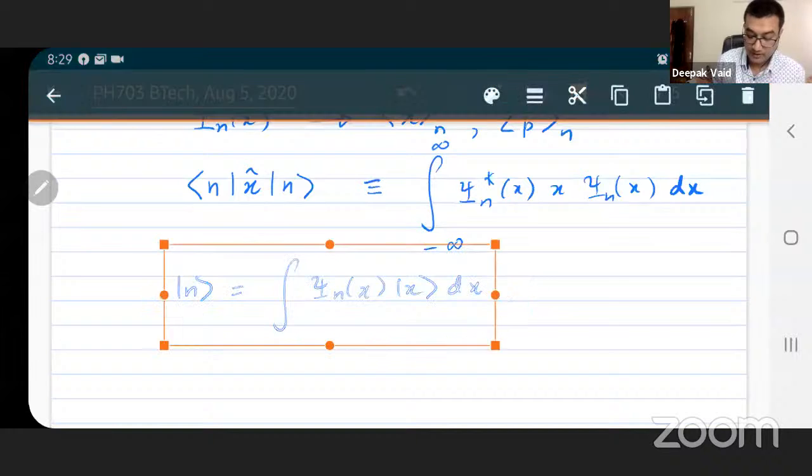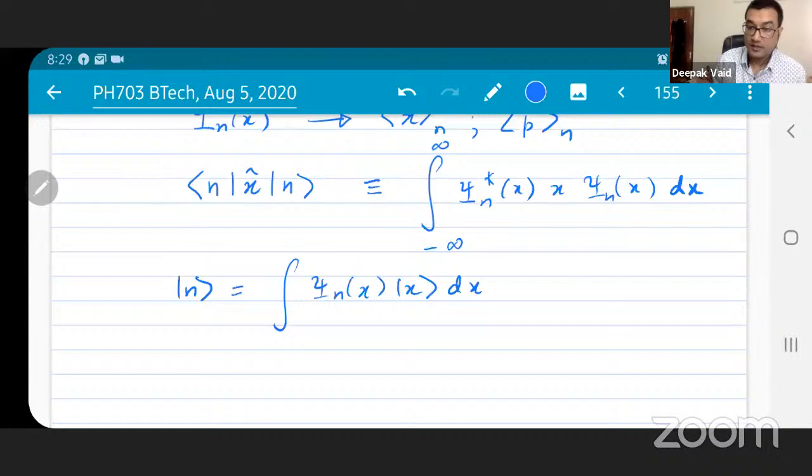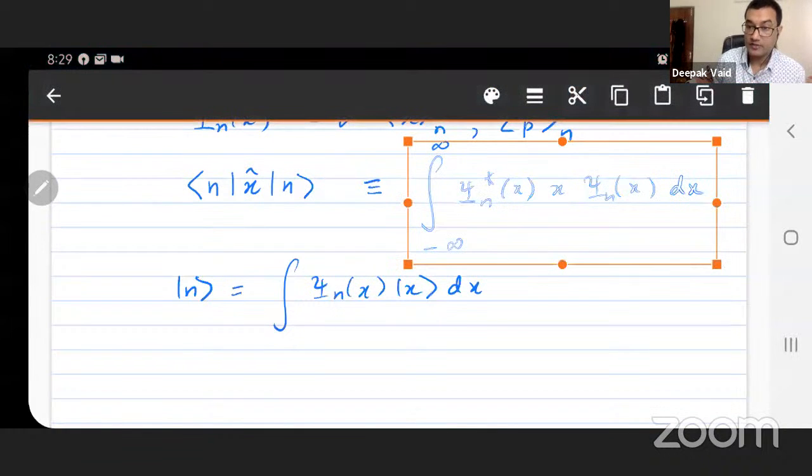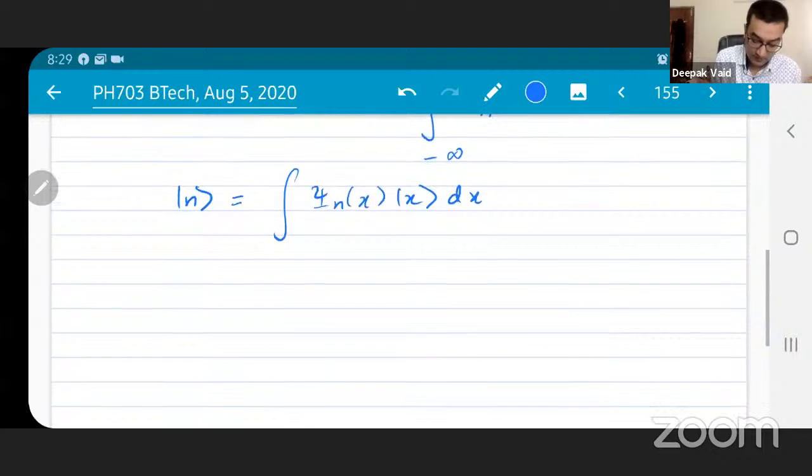So if you substitute this expression into this, you will get this expression on the right. Both of these give the same answer.